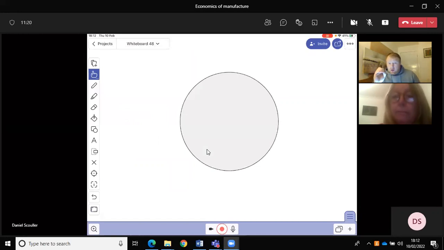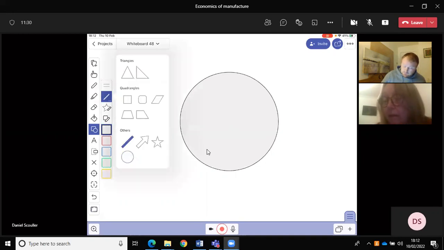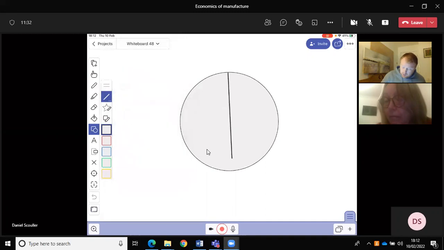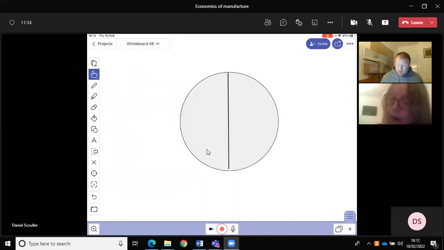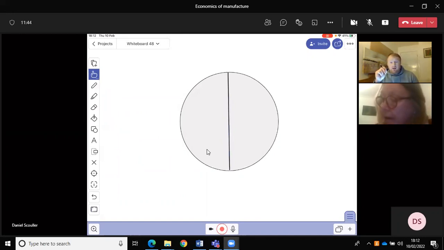When the line goes through the centre of the circle, it's called the diameter. So the triangles we'll look at tonight will have one of their sides made up by the line, the diameter.